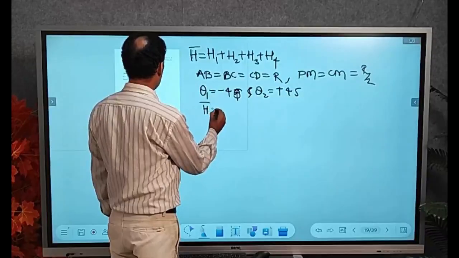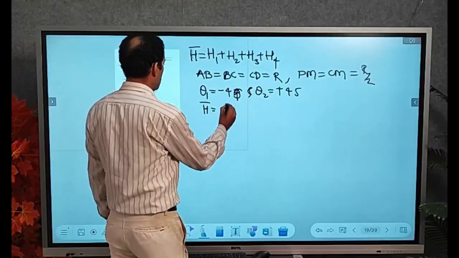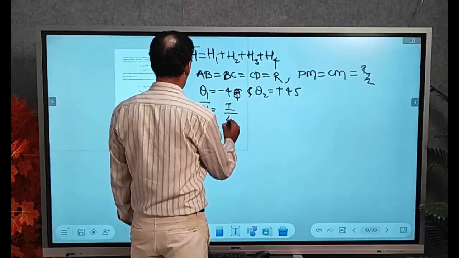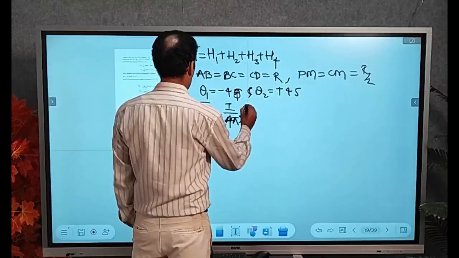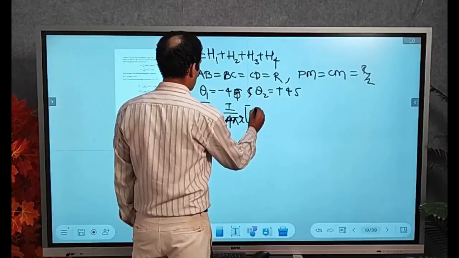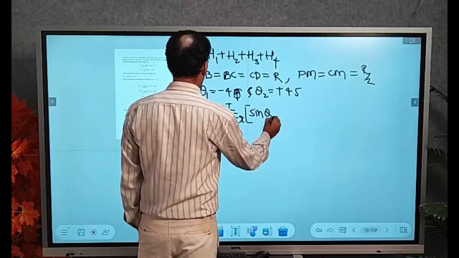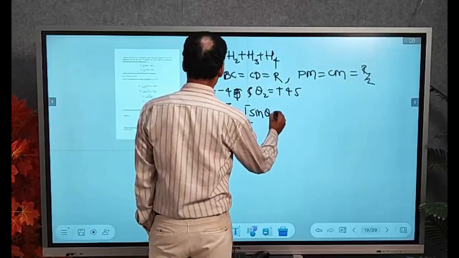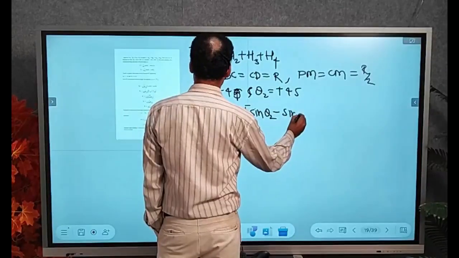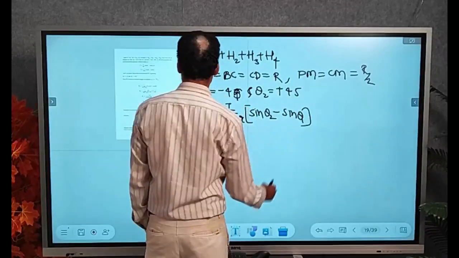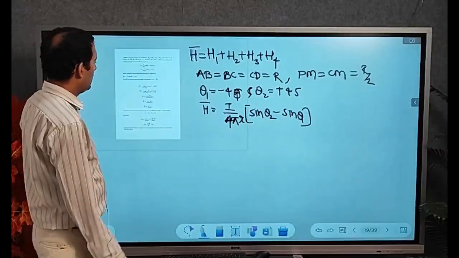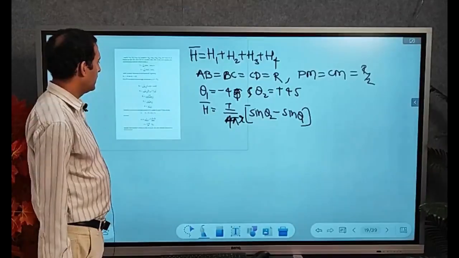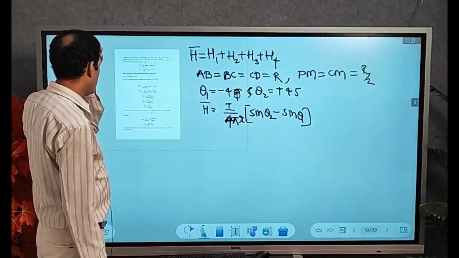Say H bar equal to I upon 4 pi r, sin theta 2 minus sin theta 1. So theta 1, theta 2 we can keep as plus minus 45.